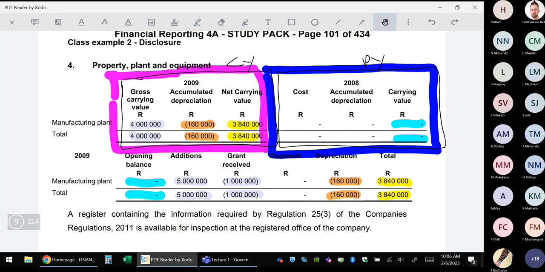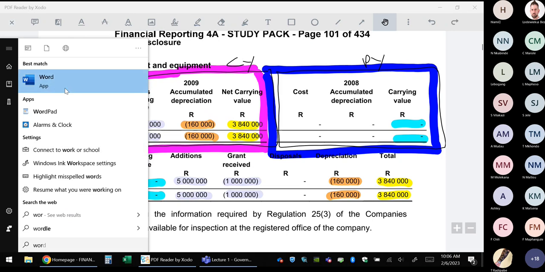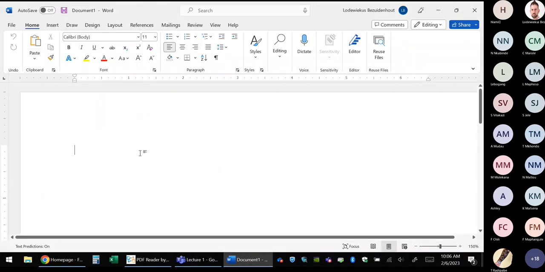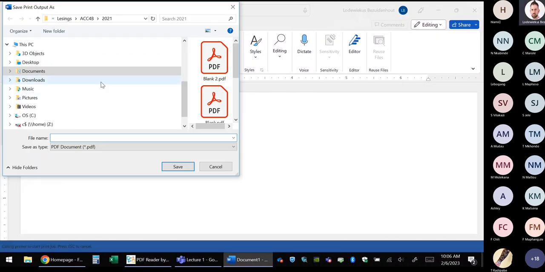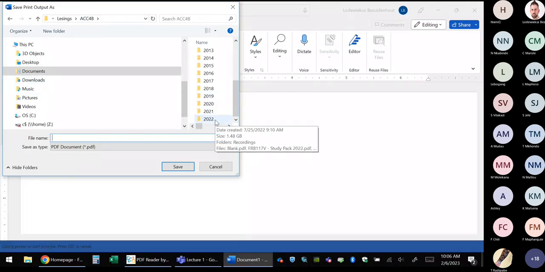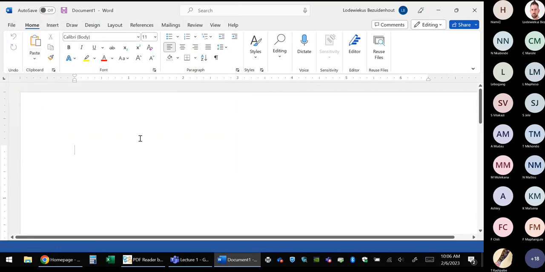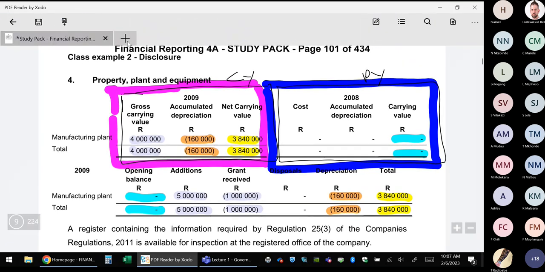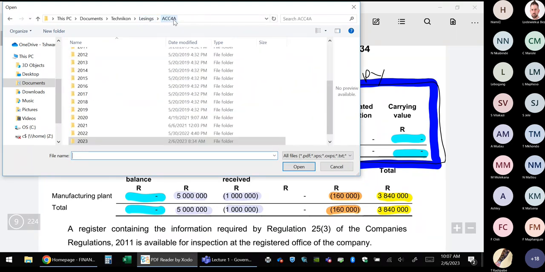Right. So remember, quickly do something. So I've got to print a blank page.